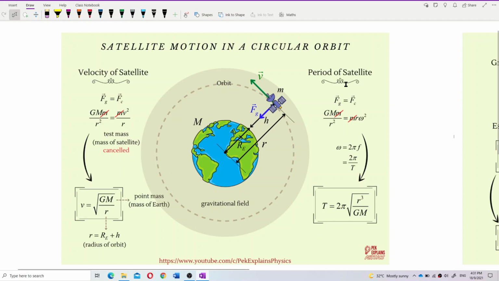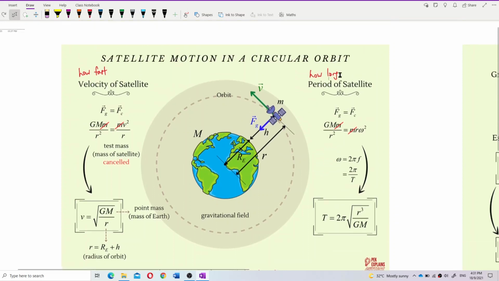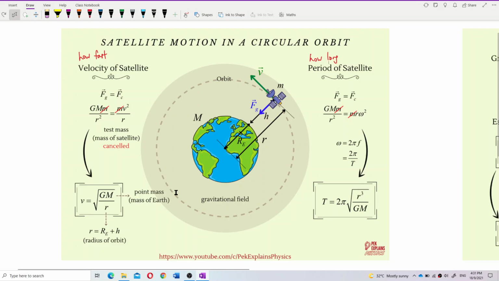So how do we calculate the velocity of the satellite, how fast it revolves around the Earth, and how long it takes? We want to know two things: how fast and how long it takes to revolve around the Earth.